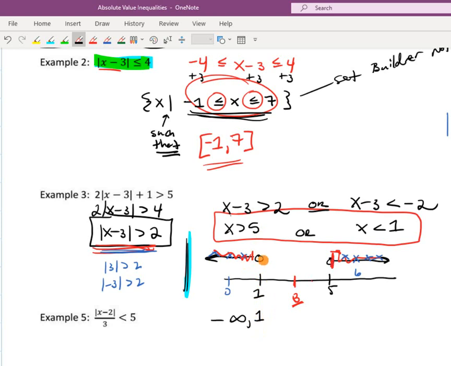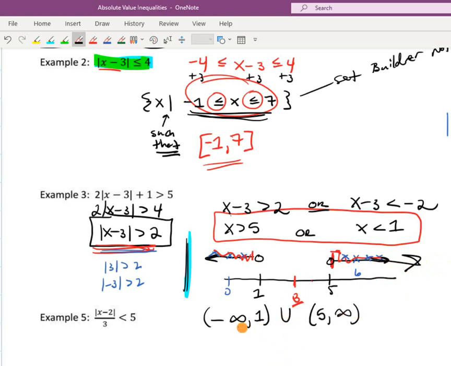And it's not really 1 because there's an open dot there, so I'm going to put a parenthesis here. Negative infinity belongs with a parenthesis. As my vertical line is through here, it's not intersecting anything, so there's no solutions in here. But the next number I can come in contact with is 5. But I don't really come in contact with 5. It's the immediate number after 5. So I put a parenthesis around 5. And the last number I would come in contact with, obviously this thing goes on forever, so it'd be infinity.